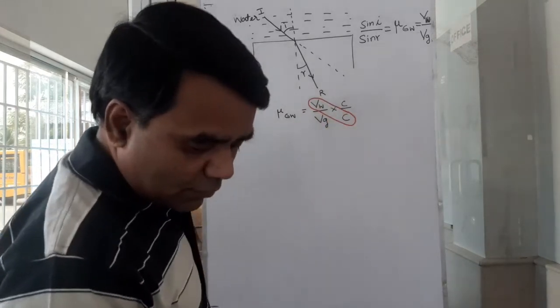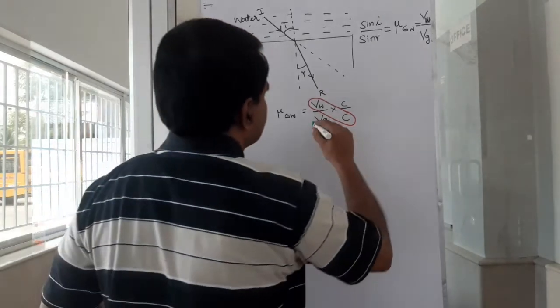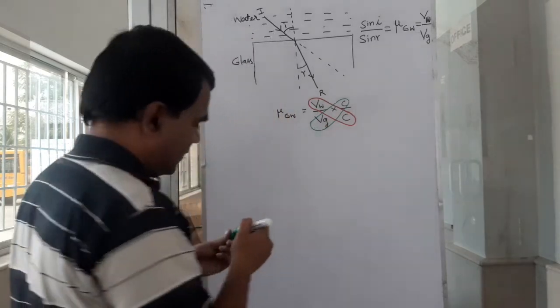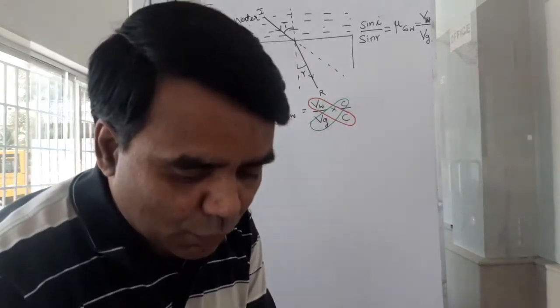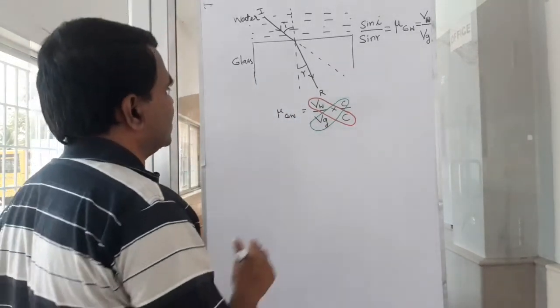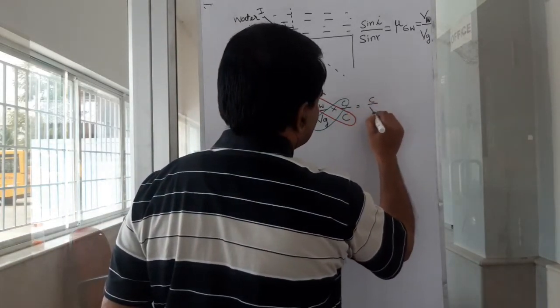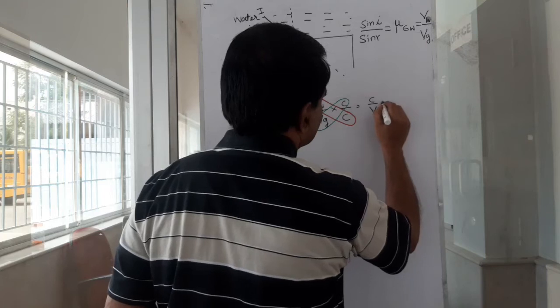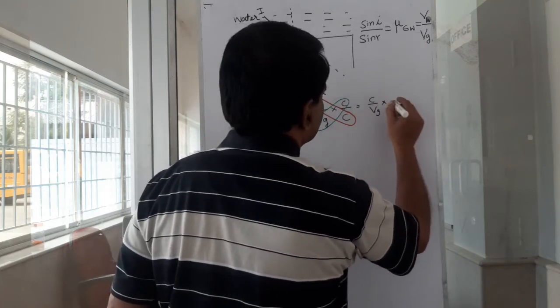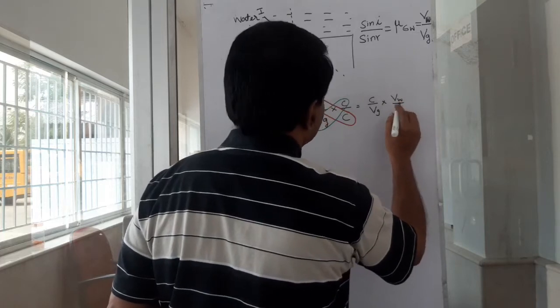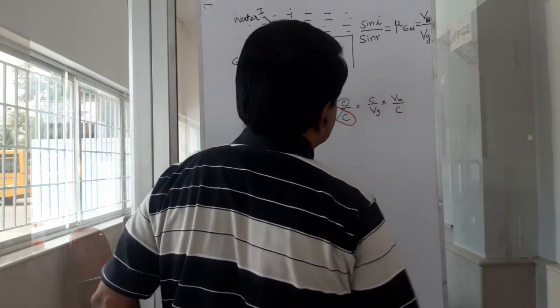Okay. And I'll also take this set. Let's see what this is going to give me. So I'm going to write C by Vg multiplied by Vw by C.